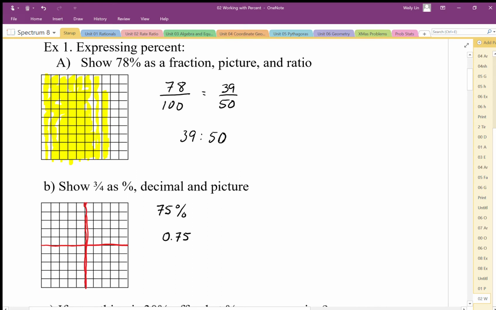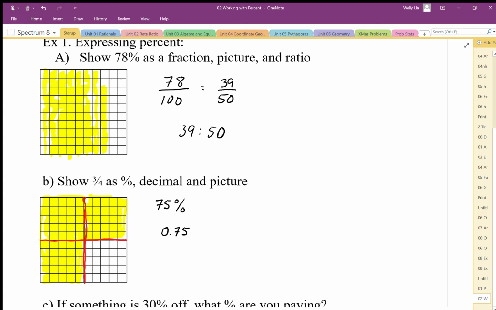Instead of thinking of 75 out of 100, we can think of it as 3 parts out of 4 parts. So we're going to shade 1, 2, 3 parts out of the 4 parts, and that represents 75%. Okay, so we should make sure we have that connection that 75% is related to one of our benchmark fractions of quarters.